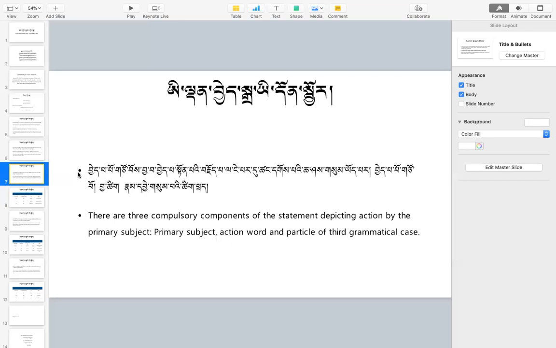But for the statement to be identified as the statement of the third grammatical case, where the action is depicted to be done by the primary subject, it doesn't require all the rest of these. Those are additions, those are good, but still not required. The core characteristic, or the very definition, of such a statement requires the primary subject, the action word, and the particle of the third grammatical case.